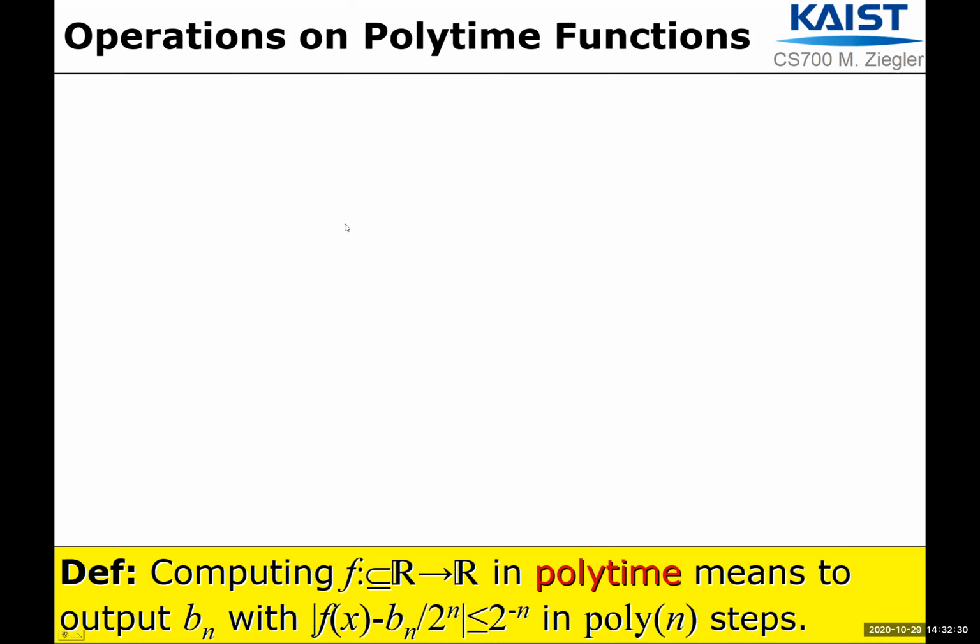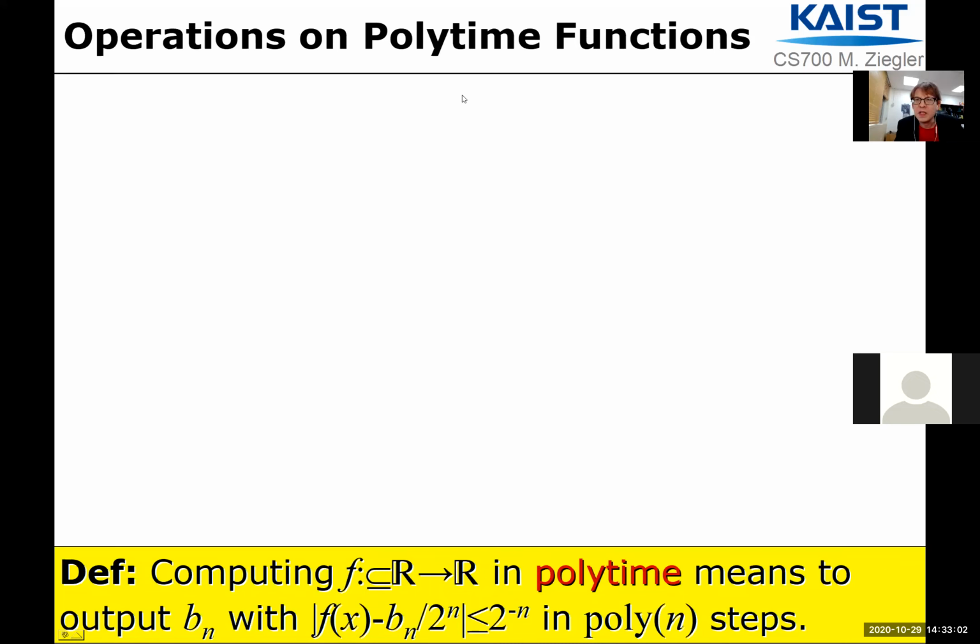So here are the two definitions that we asserted but have not yet proven to be polynomial time equivalent, namely the first definition for a real function to be polynomial time computable in the sense of converting approximations to arguments into approximations of values.